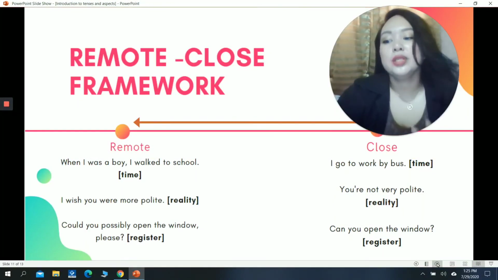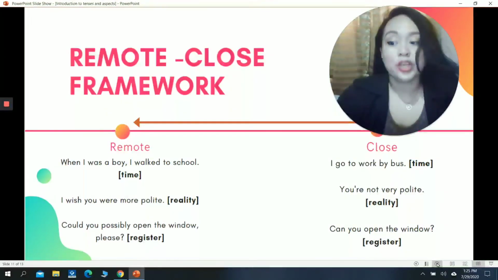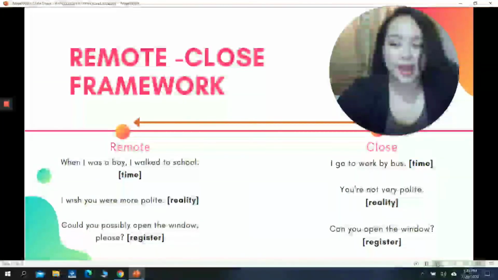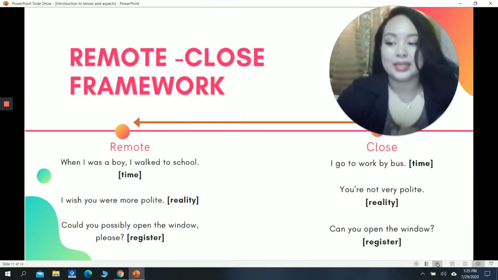Conversely, the regret, I wish I wasn't so lazy, is expressed using the past simple as it contains only one element of remoteness, unreality, which means the speaker is lazy, but is close in terms of time. The speaker is referring to now.